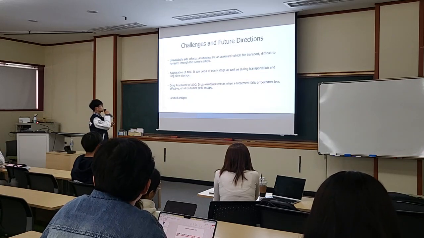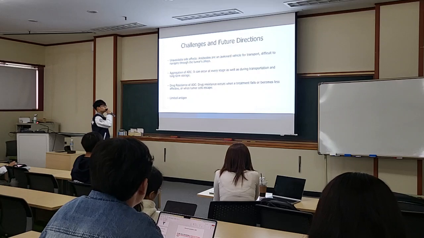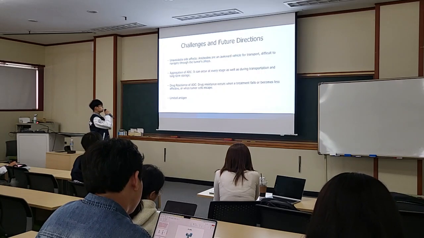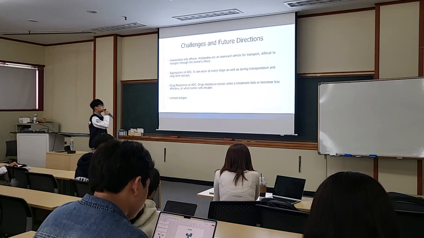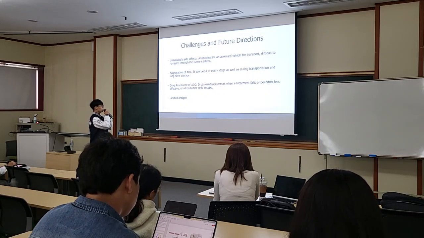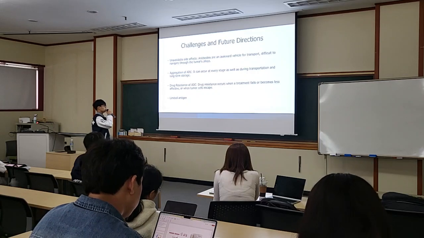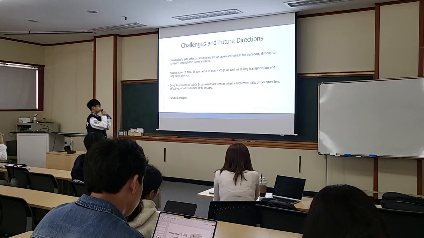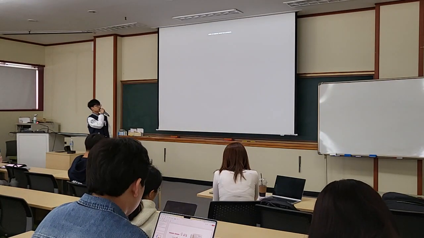And second is aggregation of ADC. It can occur at every stage, including during transportation and long-term storage. And third is drug resistance of ADC. Drug resistance occurs when a treatment fails or becomes less effective, or when a tumor cell escapes. And there is also limited antigen availability on tumor cells.